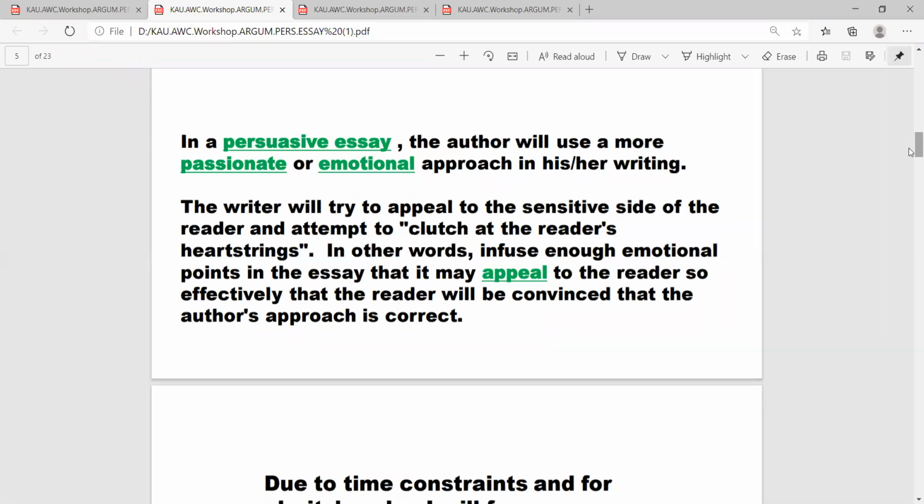For example, if someone says, please vote for me because I'm a nice guy, please vote for me because I will make you happy, please vote for me because I will reward you when I am elected. Obviously, there is nothing based on facts or evidence. I have not told you what is the real reason why you should vote for me.